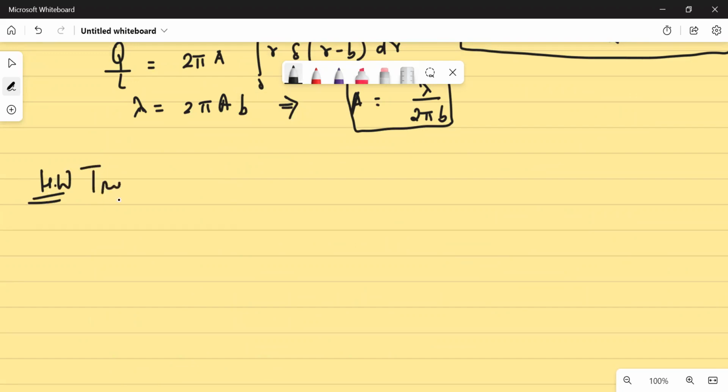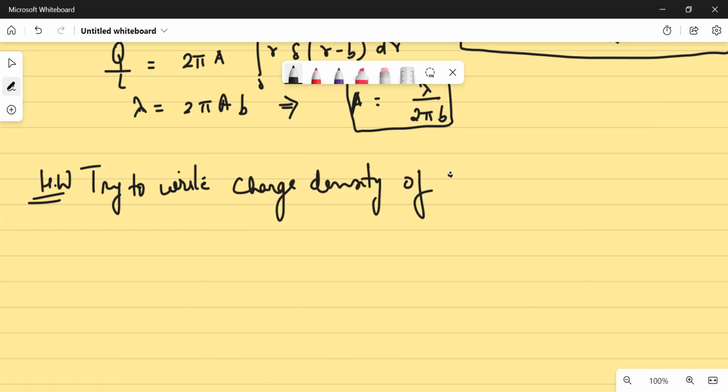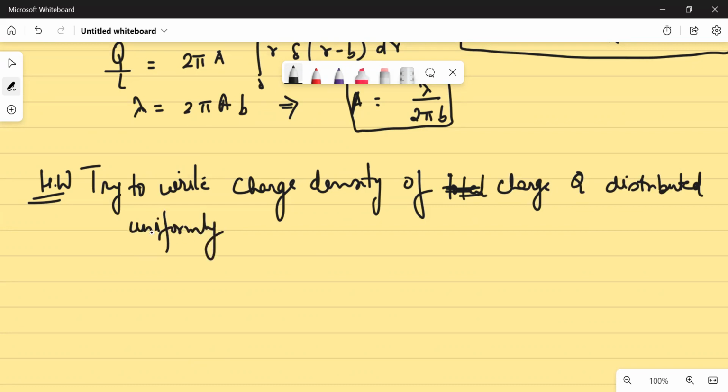Try to write the charge density of total charge Q distributed uniformly over a flat circular disk of negligible thickness.